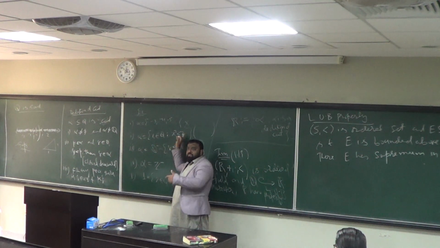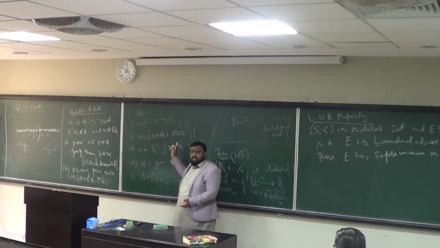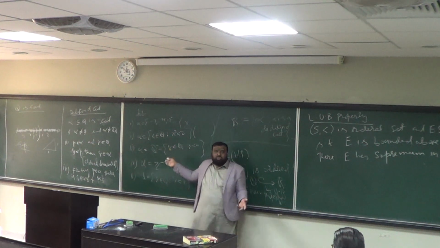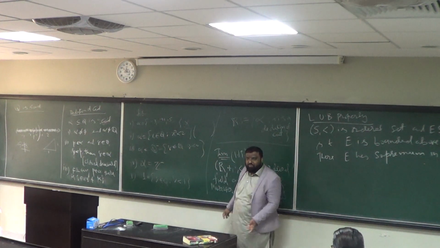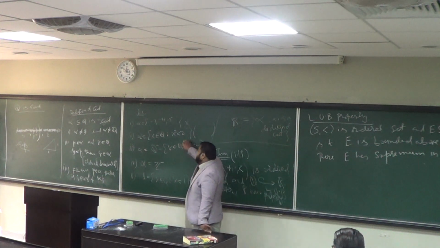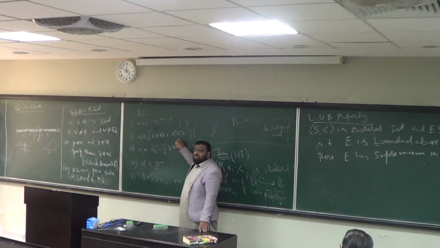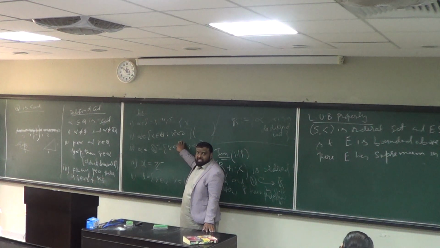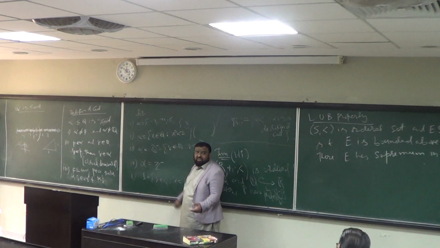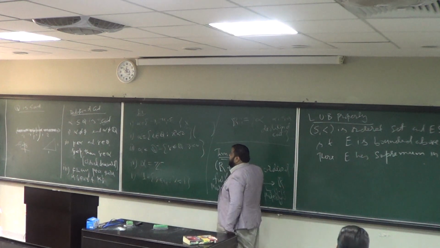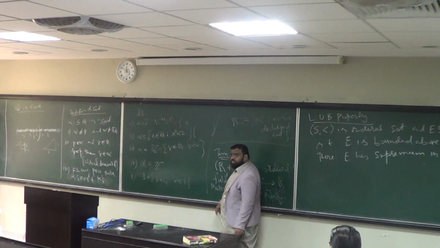He proves that this set does not have a supremum, though it's bounded above and obviously there are upper bounds. What is going to be an upper bound for this set? The obvious one is 2. But this does not have a supremum in Q. That we can prove. You can show that it's not possible to find a supremum for this.